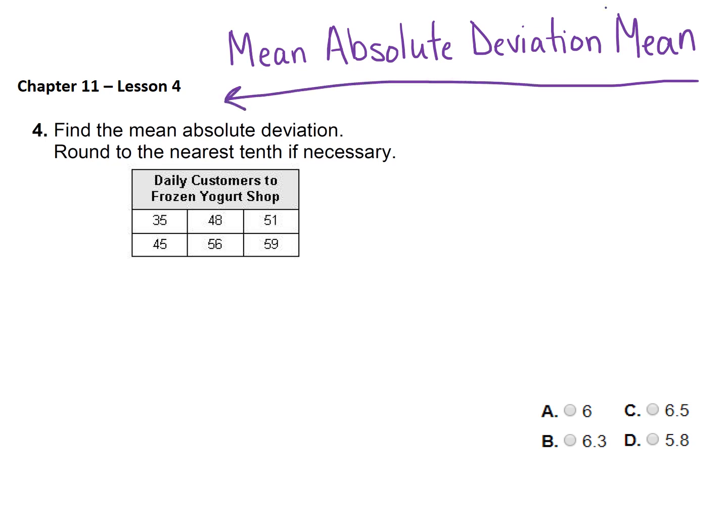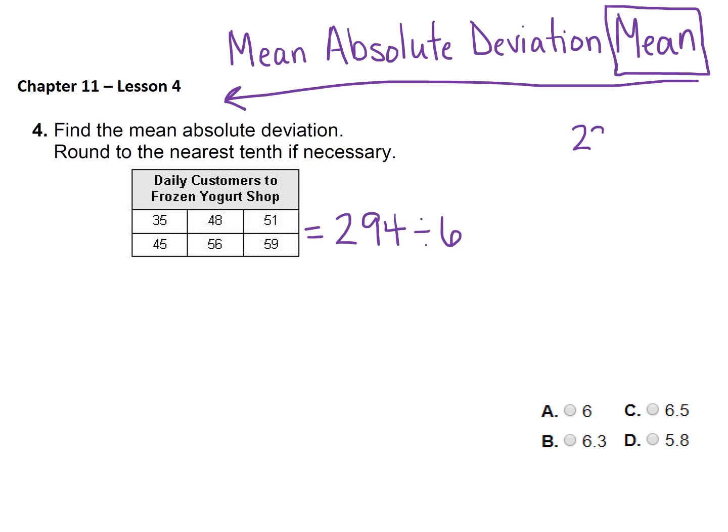So the first thing we have to do is find the mean of our data set. So we will find the sum of all of these values. And when you add all of those values together, you get 294. There are 6 of them, so we're going to have to divide by 6.